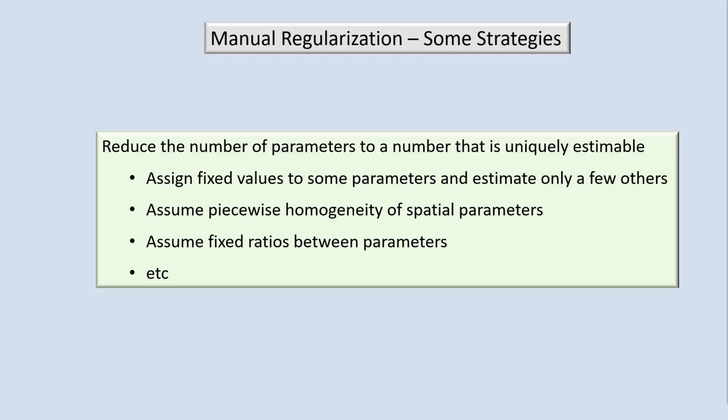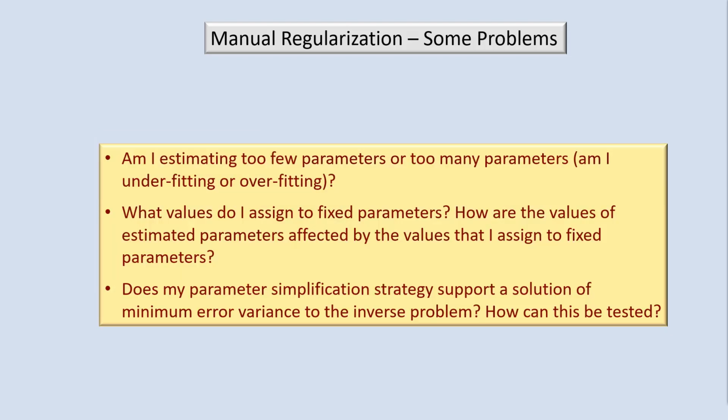We could fix ratios between parameters. We could estimate some and let other parameters ride on the backs of those we estimate by maintaining fixed ratios to those we estimate. And of course, there are many other parameterization simplification strategies as well. Whatever we do, though, there are going to be problems.